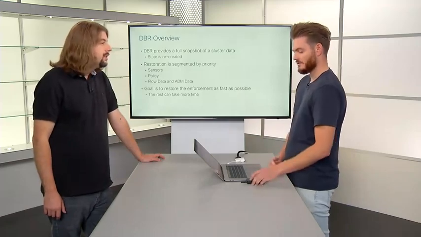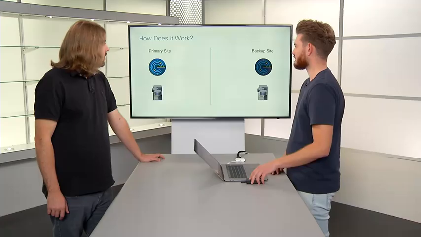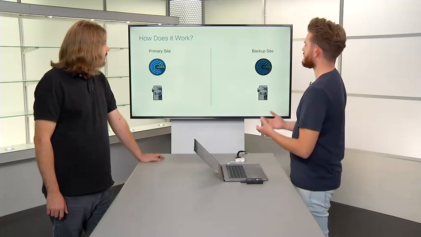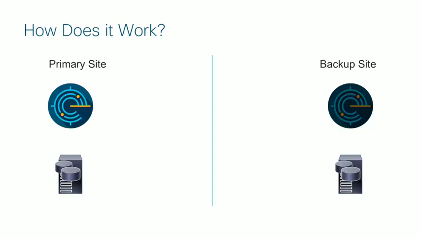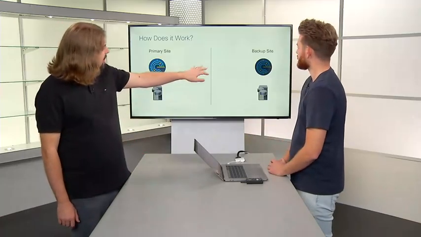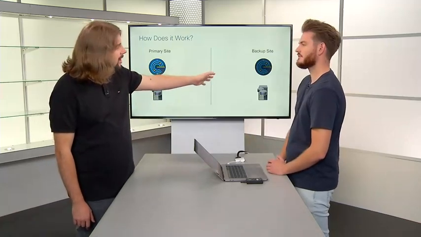Yeah. So let's actually walk through in a little bit more detail what we can do with DVR. Okay. So we have, in this example, two sites. We have a primary site with a titration appliance, and we have a backup site with another titration appliance. Okay. I see it seems shaded or blackish, this one. It's not happy? Well, in this case, it's referring to it being a standby.